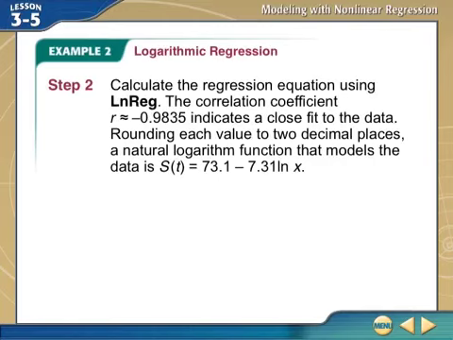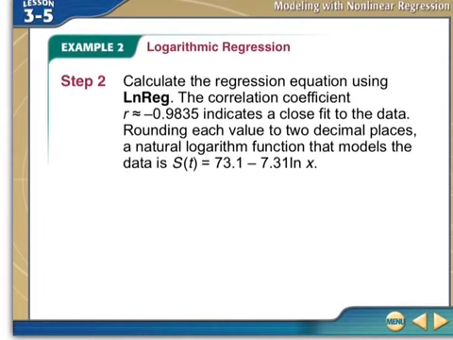The correlation coefficient, if you have your diagnostic turned on, is R equals negative 0.9835, which means that we have a pretty good fit here. The only reason R is negative is because, remember, our percentages were decreasing. This function is a decreasing function because as time, or x, increases, y is decreasing, which would give us a negative R value. So the correlation is negative because as one variable increases, the other variable is decreasing.